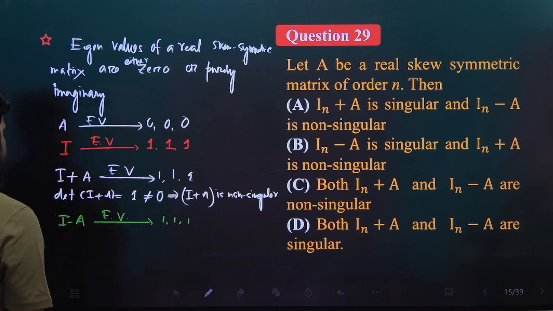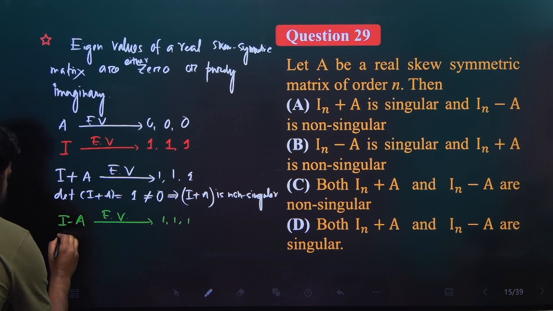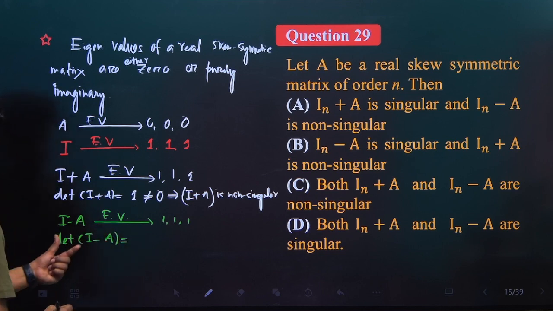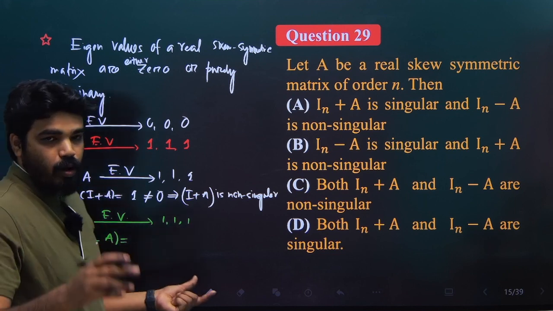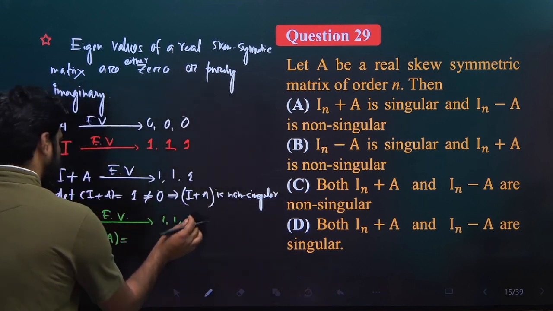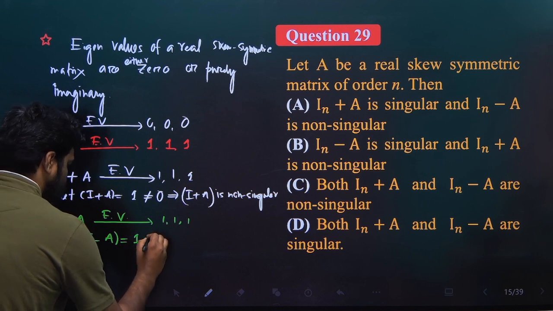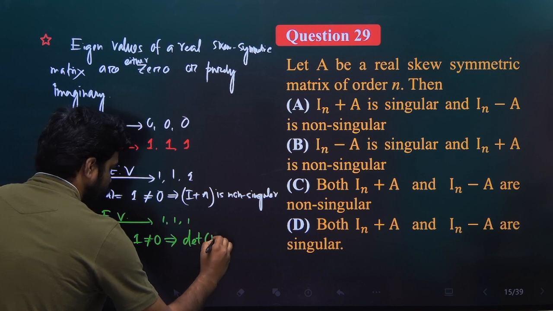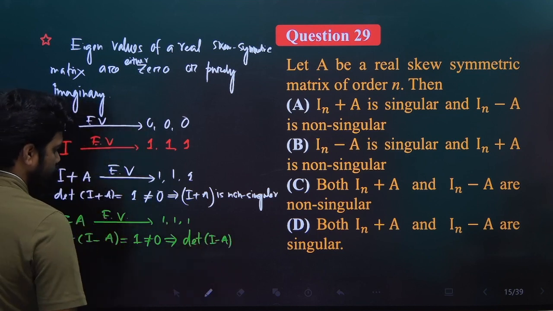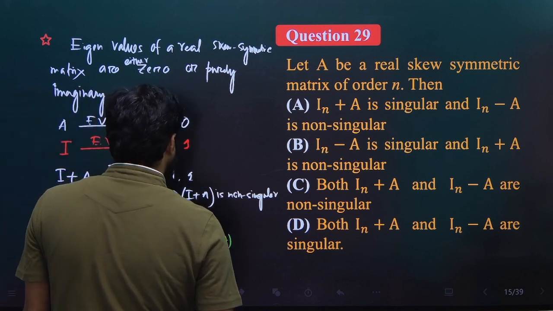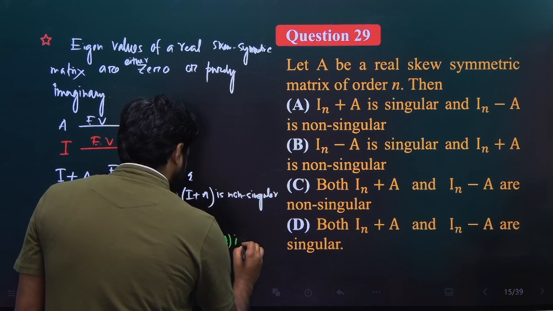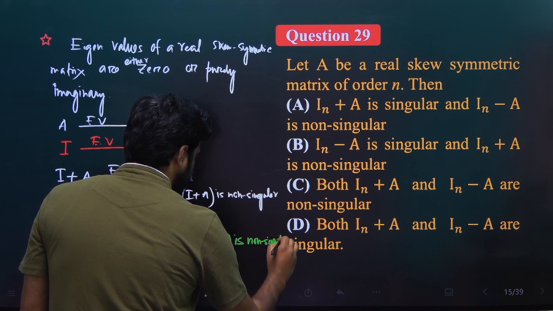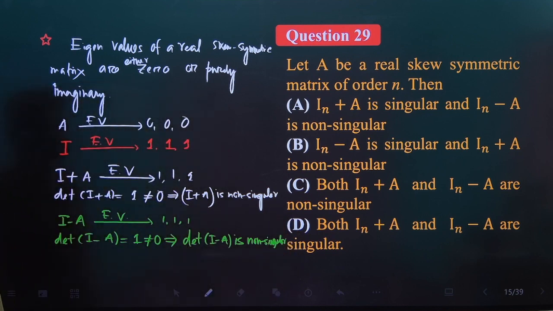So the determinant of I minus A is the product of the eigenvalues, that is 1, which is not equal to 0. So this implies I minus A is non-singular. Getting my point?